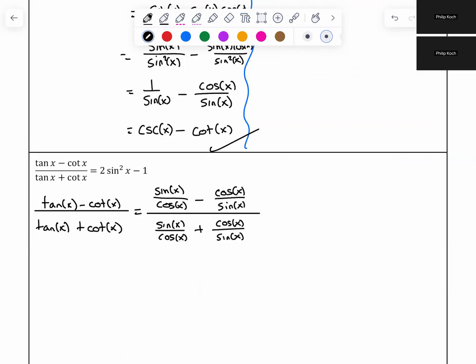Okay. Now what? Throw out a crazy idea. I got fractions. When I think fractions and I need to add them together, what do you do? Common denominators. So it looks complicated, but let's just keep going with it.